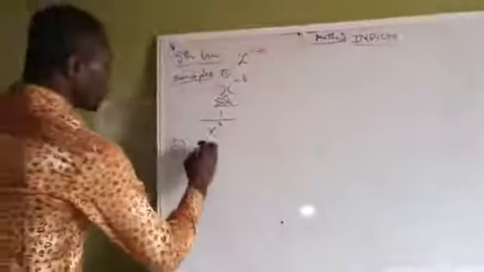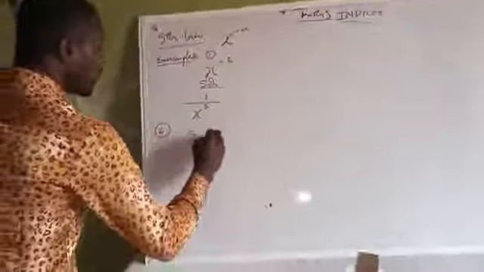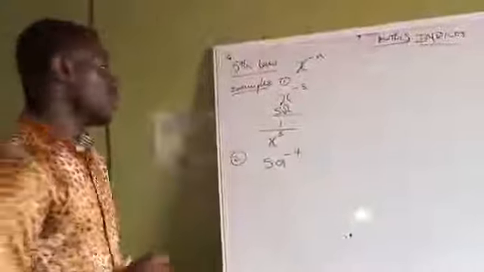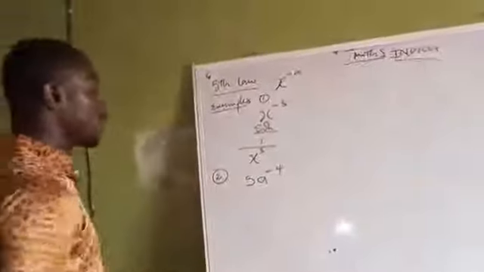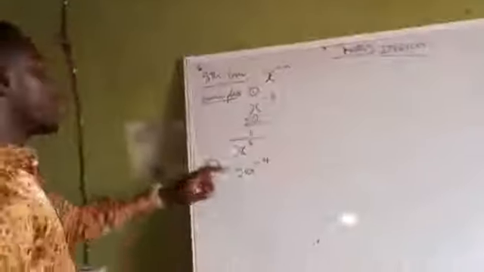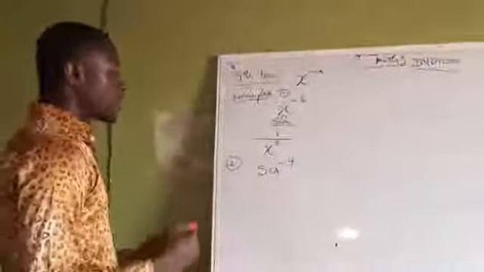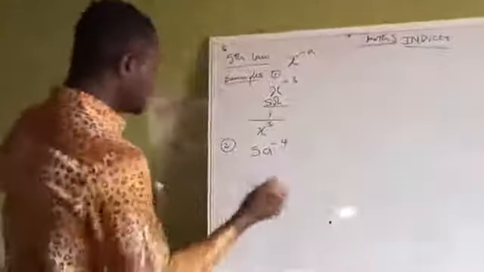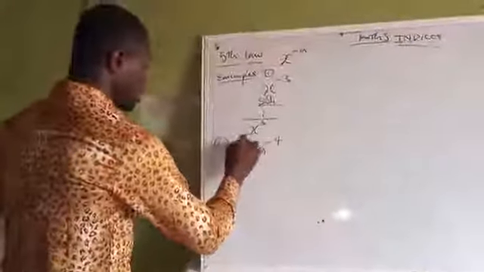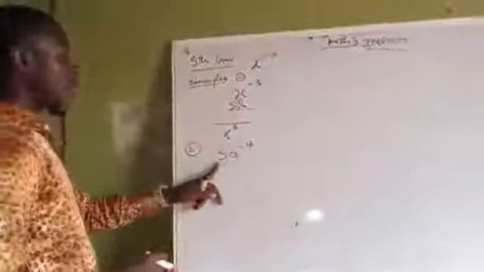Now let's look at this question. Question 2. We have 5a raised to power minus 4. Now, this one is totally different from the previous question. Mind you, I told you that this 5 is a coefficient. Can you see? I box it.